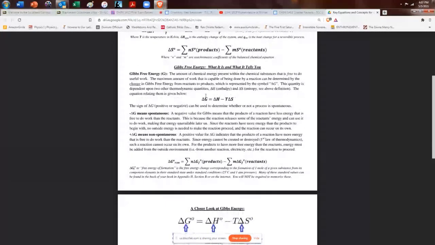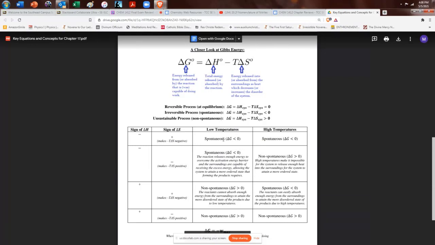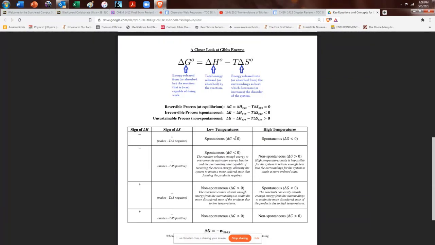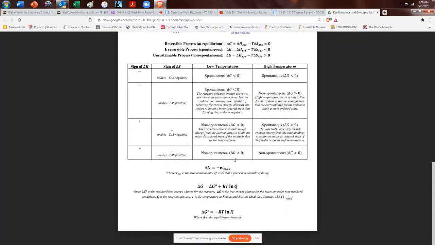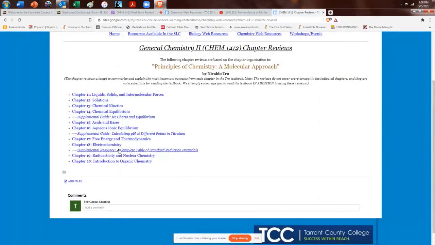It gives you an explanation of Gibbs free energy, in a little bit more detail than even the textbook, making it more understandable. How to interpret this equation. What does it mean when something is spontaneous at low temperatures versus high temperatures, and why? So, a one-page or two-page summary that covers all of the topics in that particular chapter. These are really useful when studying and reviewing, going over some of the terminology and such.